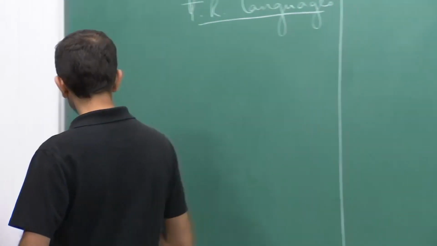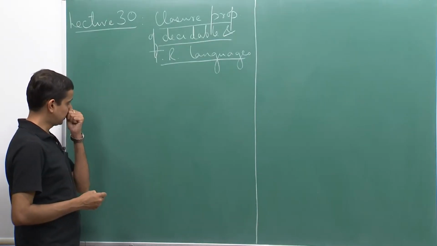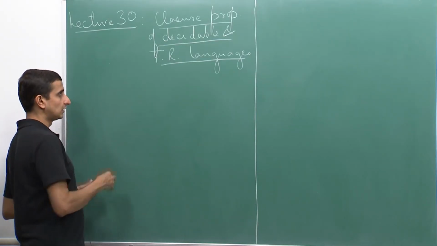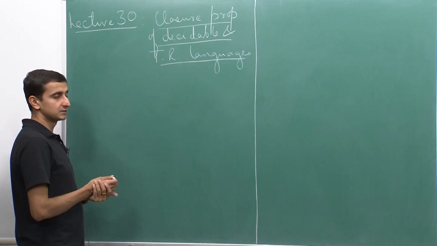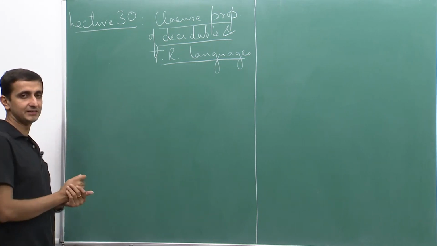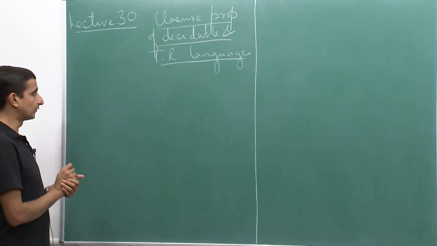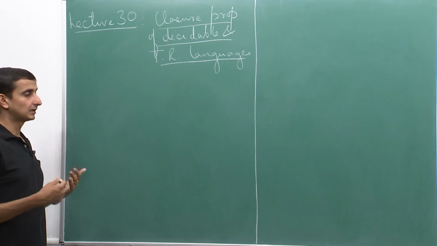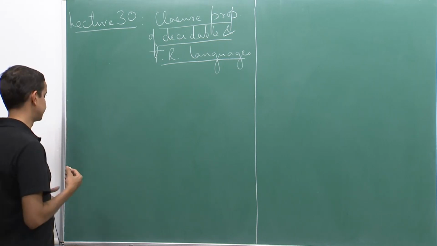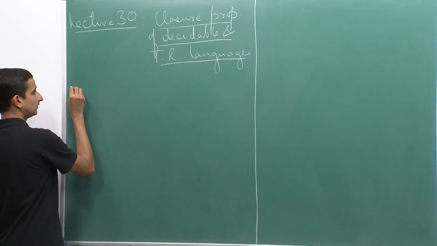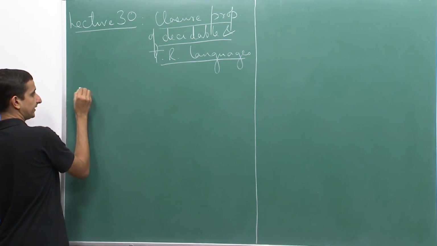So let us create a summary table of the operations and the corresponding class of languages, and then we will see the proof of which of these classes are closed under which operations. So, let me create a table.